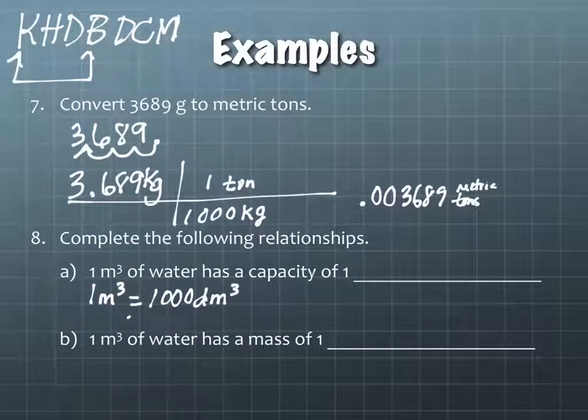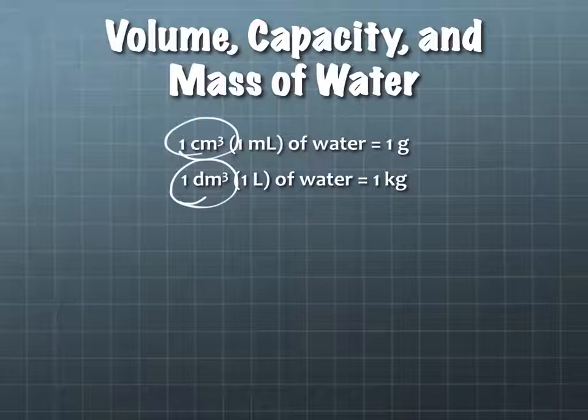And according to that relationship over here, that's equivalent to 1 kilogram and 1 liter. There you go. So 1 decimeter cubed is equivalent to 1 liter.